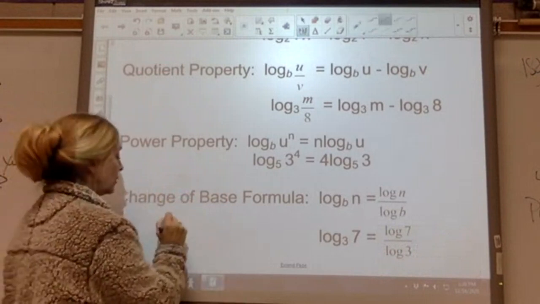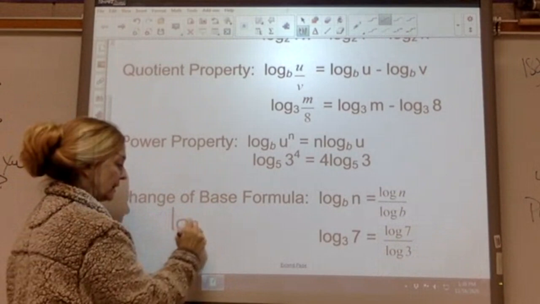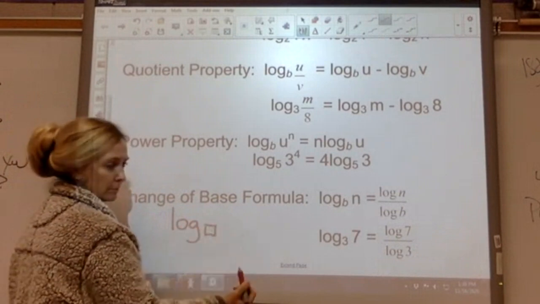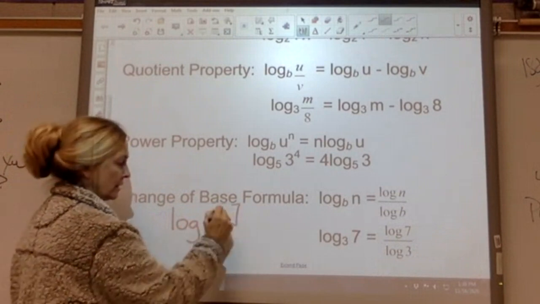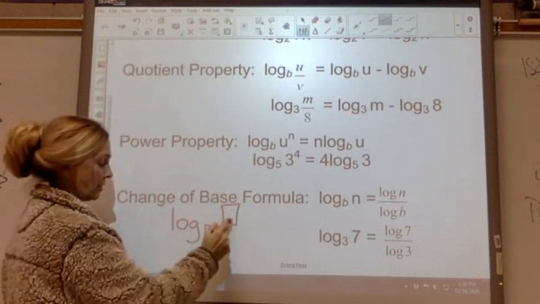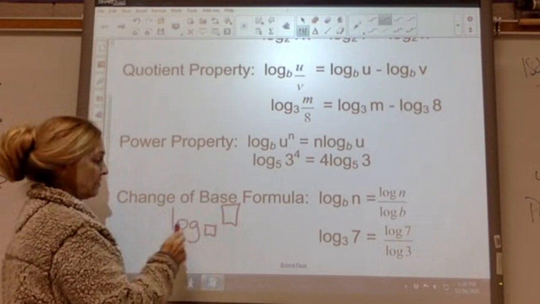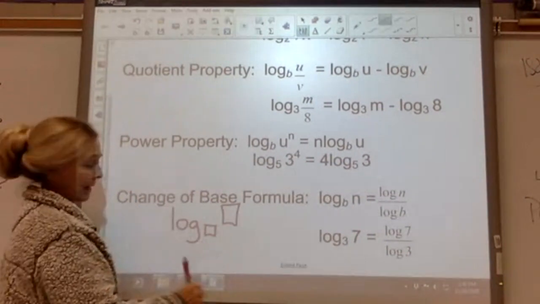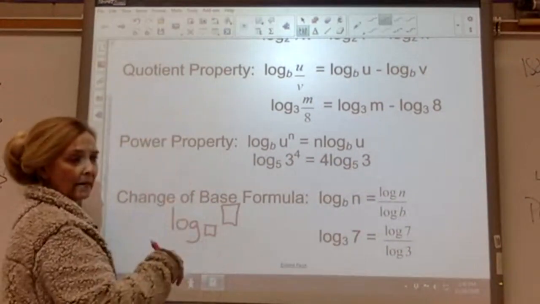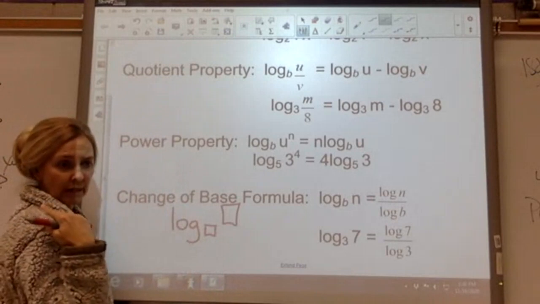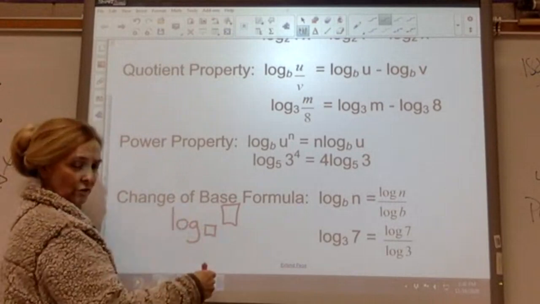If you don't have a calculator that has a key with a little subscript square and then a square to fill in for whatever you're taking a log of, and you can't get to this in your calculator, like I can't do it in the one I pop up here, and I have a TI-83 at home, it doesn't have this feature in it.